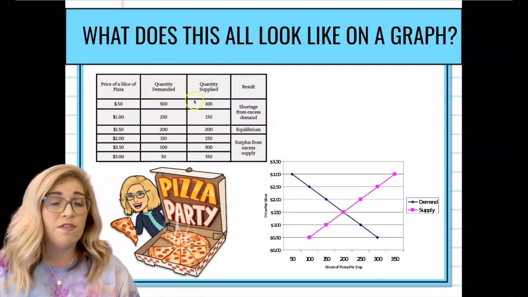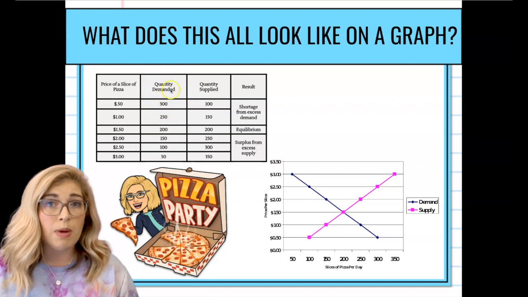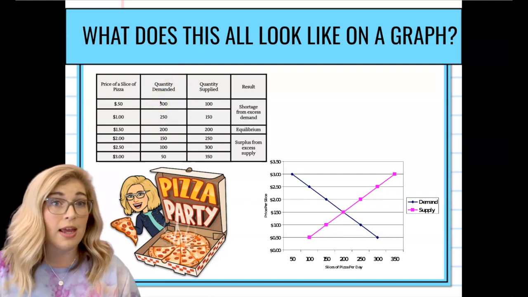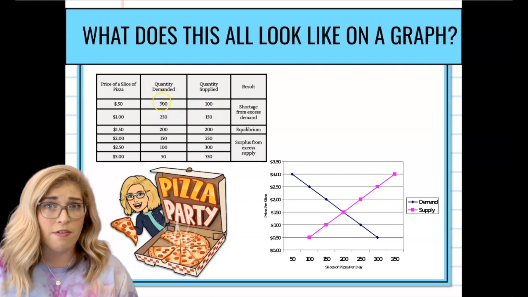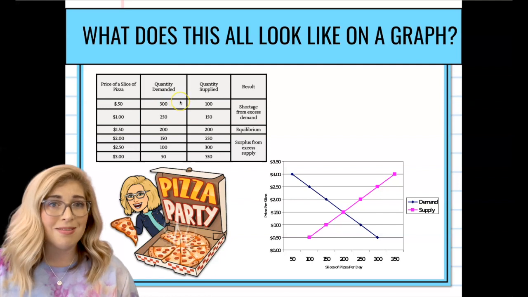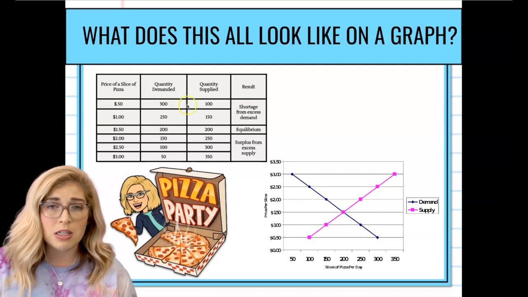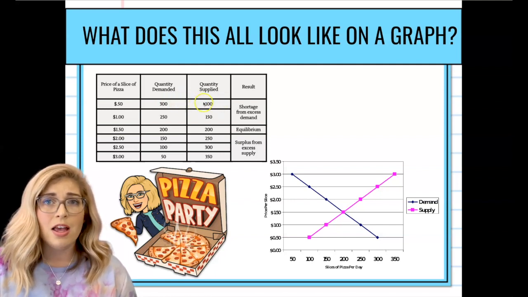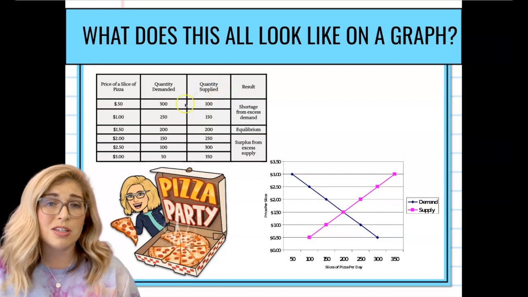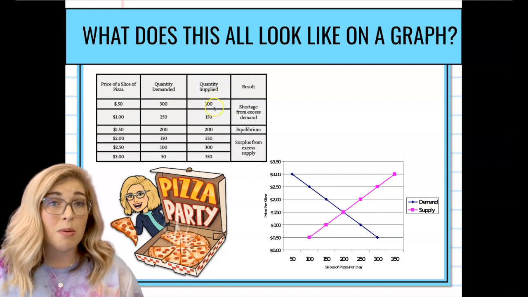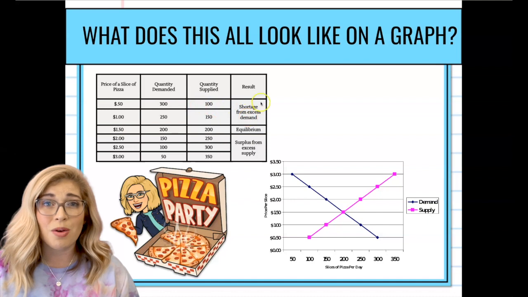As you can see, at 50 cents, the demanders, the consumers, are going to be really happy. We like buying cheap stuff. So we're going to demand 300 slices of pizza. But our producers of pizza don't want to sell cheap pizza. They like it when prices are high. So they're only supplying 100 slices of pizza. The number 300 is much larger than 100.